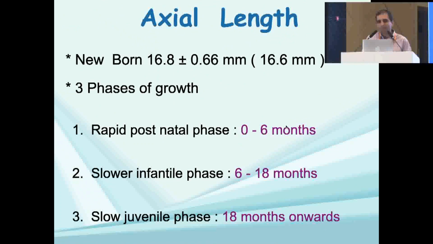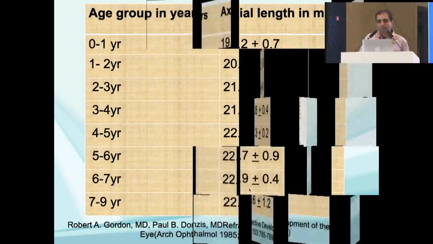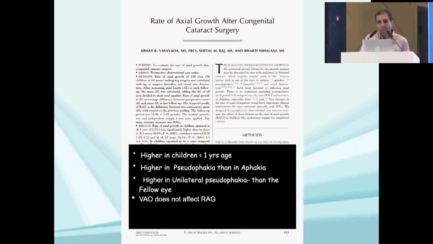So the maximum axial length growth is between 0 to 6 months of age, then 6 to 18, and then from 18 months onwards the axial growth really slows down. So it will also depend on whether you are operating on a less than 6-month-old child or a child at more than 5, 6, 7 years of age. Once again, like keratometry, there are normative databases to suggest in a normal eye what would be the growth pattern, however these are meant for normal eyes, and a cataract eye may behave quite differently than a normal growing child's eye.